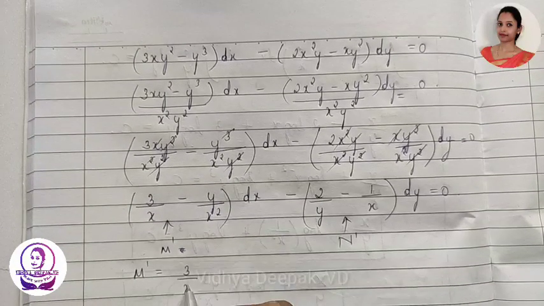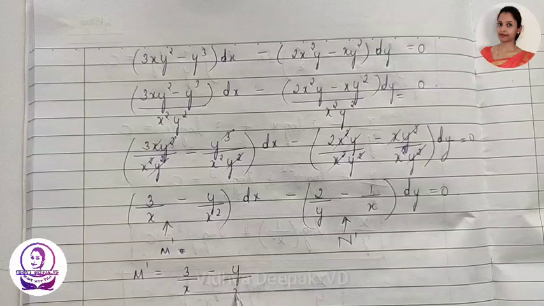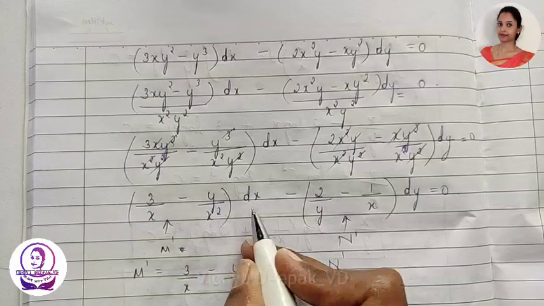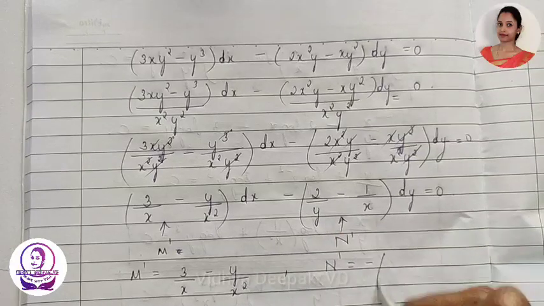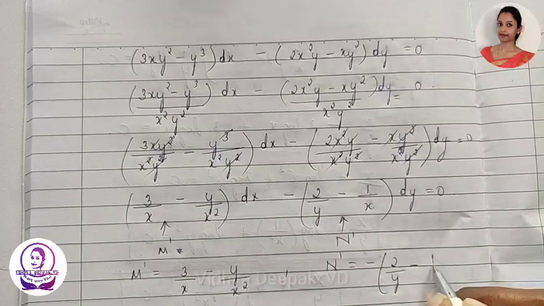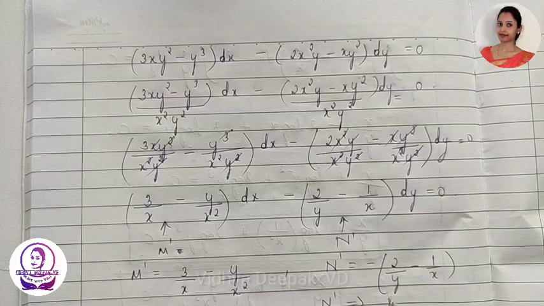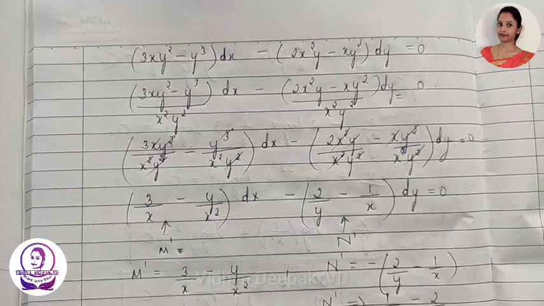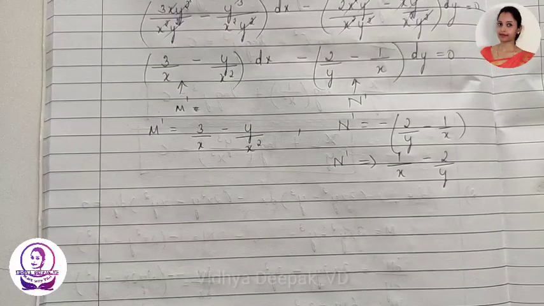It is 3 by x minus y by x square. What is N dash? It should be plus, right? M dx plus N dy. So I'll take this minus, 2 by y minus 1 by x. That implies N dash is 1 by x minus 2 by y. So we know how to solve an exact differential equation, right? How to solve an exact differential equation?